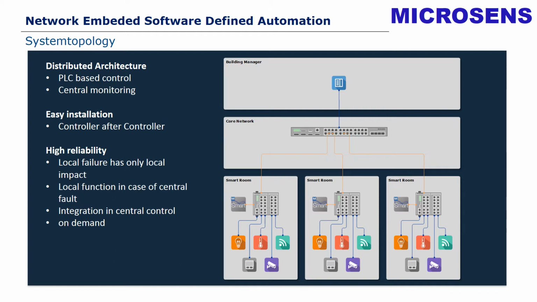We have an easy installation. Why easy? Because we can do the installation controller after controller, room by room, during a running system. By doing this, we also have high reliability, because if a failure happens, it only impacts the local unit which creates the error.